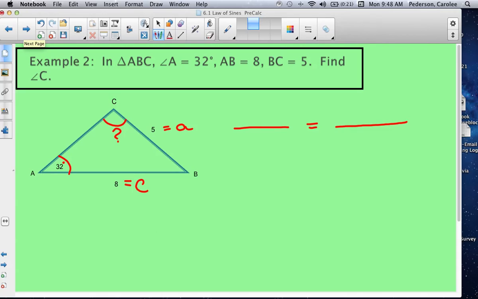Okay, sine of 32 degrees over 5, side A, and then equals sine of C over c, which is 8.